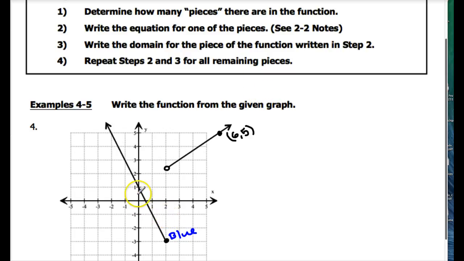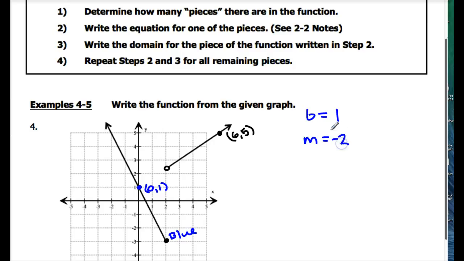We want to do our equations as simple as possible, so we're going to go for y-intercept or slope-intercept form for these. So the y-intercept, we can see, is (0, 1). Okay, so my b value is 1. My slope is, if I pick this point here and this point here, down 1, 2, 3, 4, and then right 2. So that would be a slope of negative 4 over positive 2, or just negative 2.